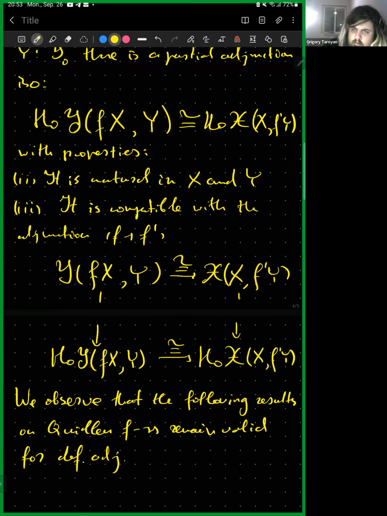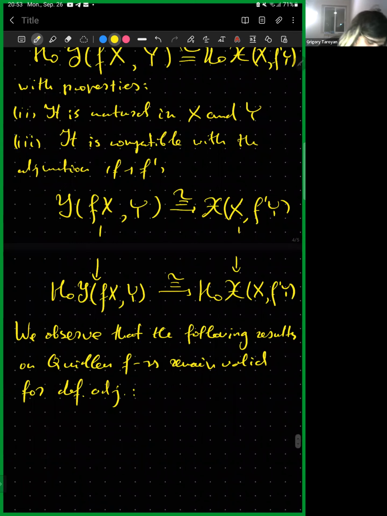In particular, these are the results about the existence of derived natural isomorphisms for any two left approximations and so on. So let me just briefly recall what these results are.